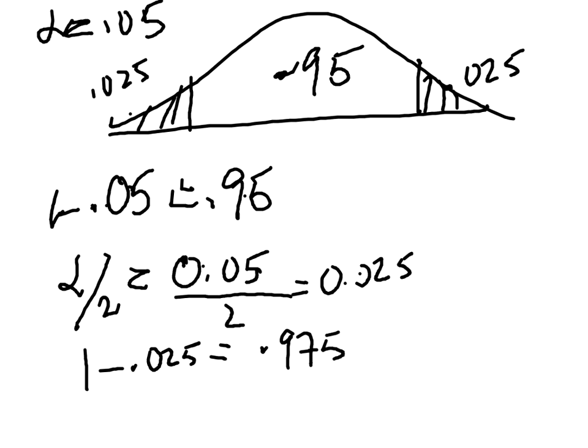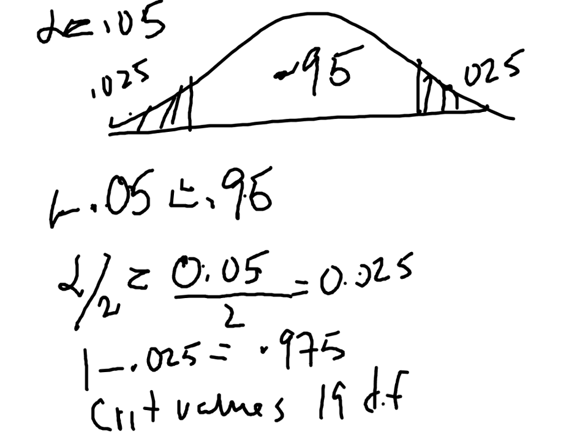So the two values that we get into the tables with, in other words our critical values, are going to be associated with 19 degrees of freedom, because remember, n was 20. And we're going to be using 0.025 and 0.975.